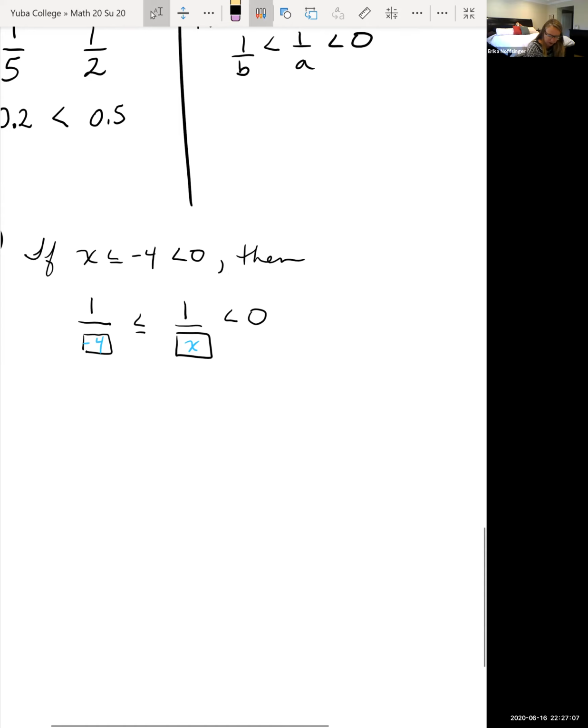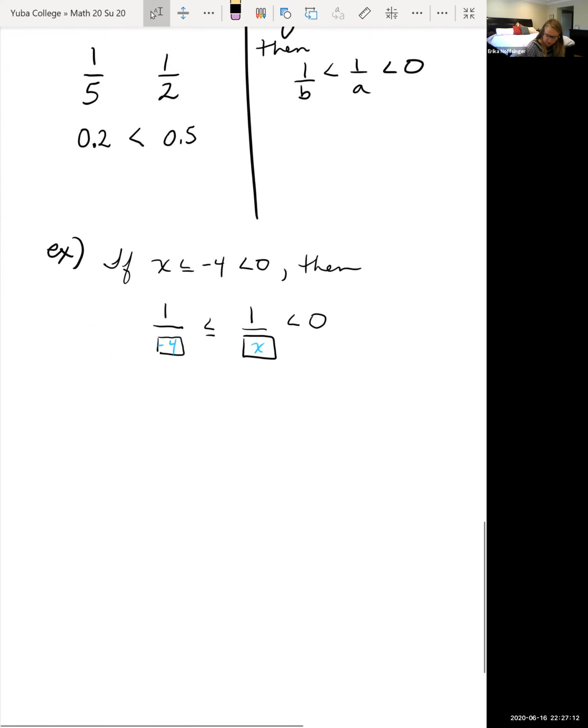I just want to make sure I'm covering all types of questions. So what if you had 0 is less than 2 over x, which is less than 3/5?